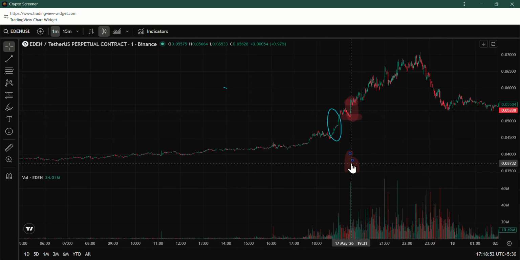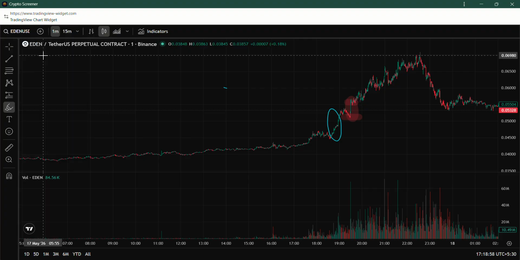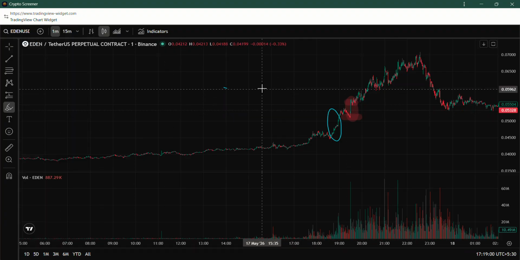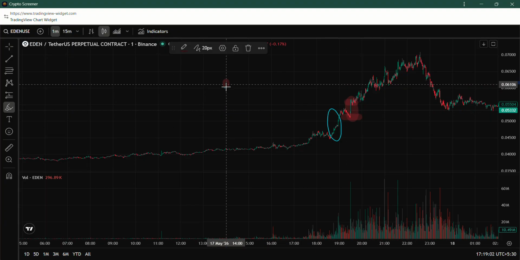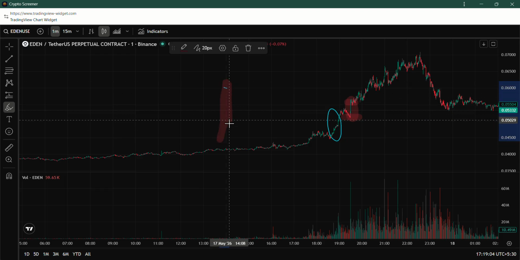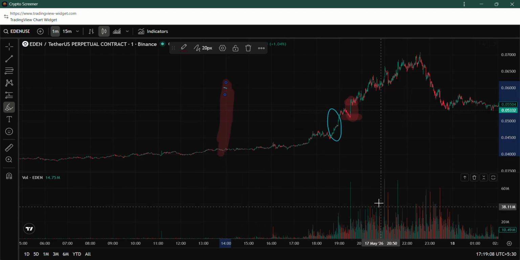You can clearly see that. Very simple strategy. I can explain it: you consider this as price one, P1, when volume came.